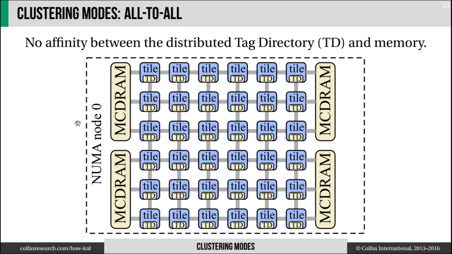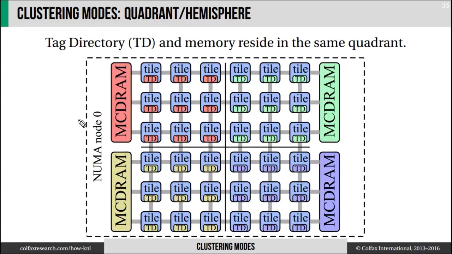As the programmer, you will be more interested in the quadrant mode, or the hemisphere mode, or potentially in the SNC modes. Quadrant and hemisphere are safe defaults. So if you don't know which mode to use, use the quadrant mode. In this mode, there is going to be affinity between the tag directory and memory.